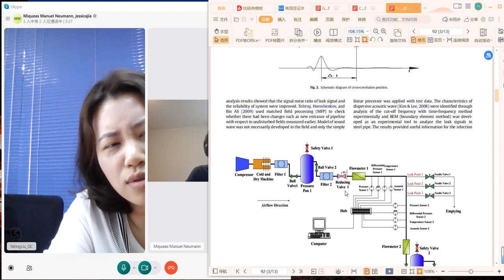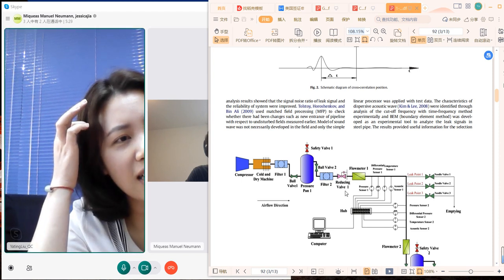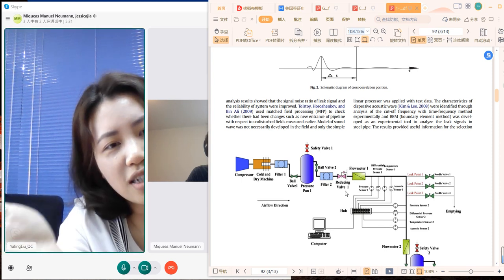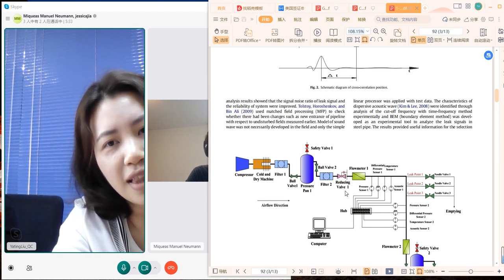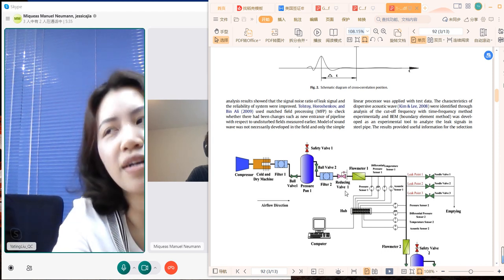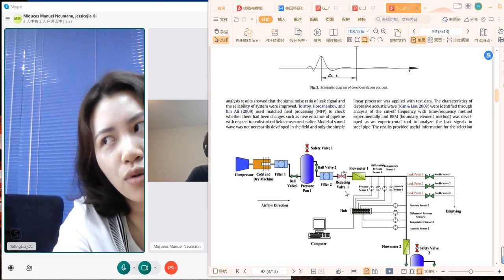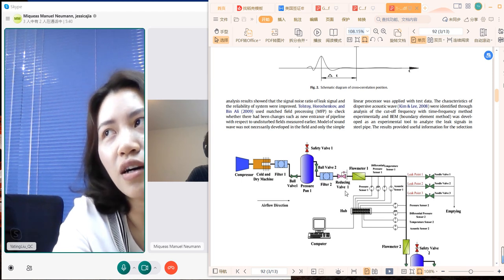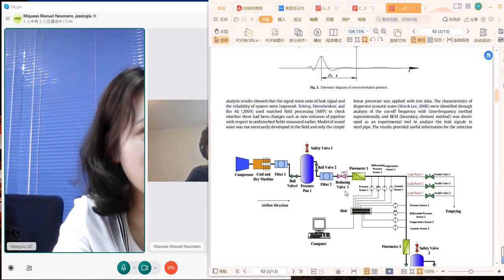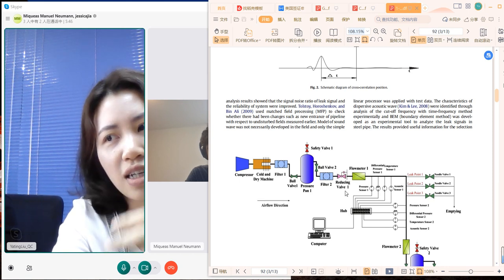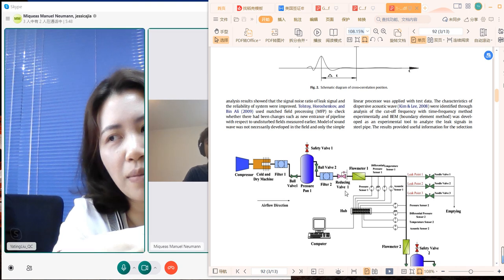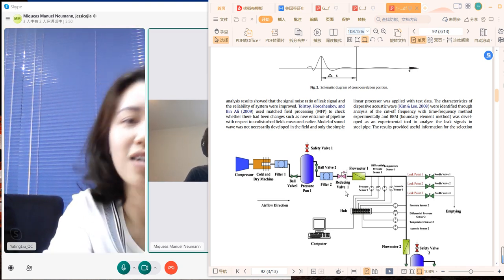So the acoustic emission signal will be like a sound wave, except we don't have the medium so that it can create the sound, right? I understand.